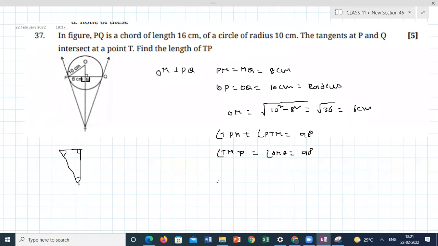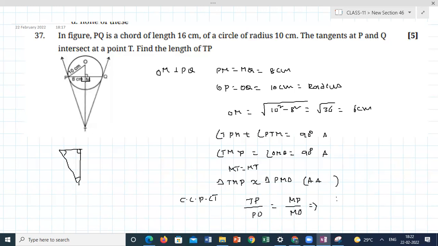So from here, I can say triangle TMP and triangle OMP, and MT is equal to MT, common side. So very clearly we can say these two triangles are congruent to each other by AA criteria. From CPCT, or if I'm applying the corresponding ratios of the sides, TP by PO is equal to MP by MO.